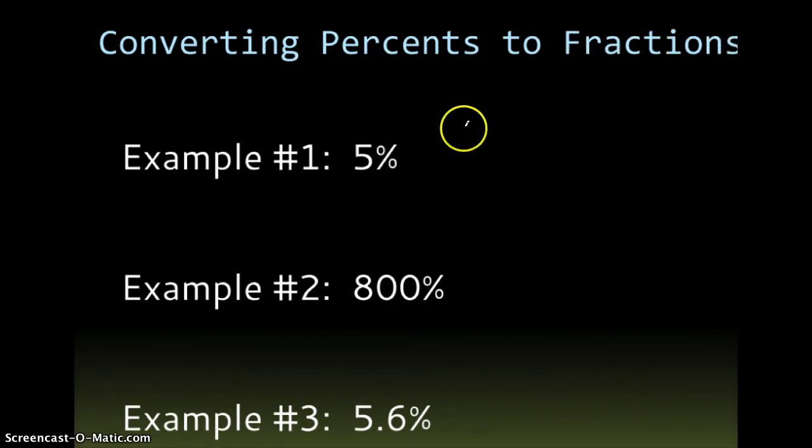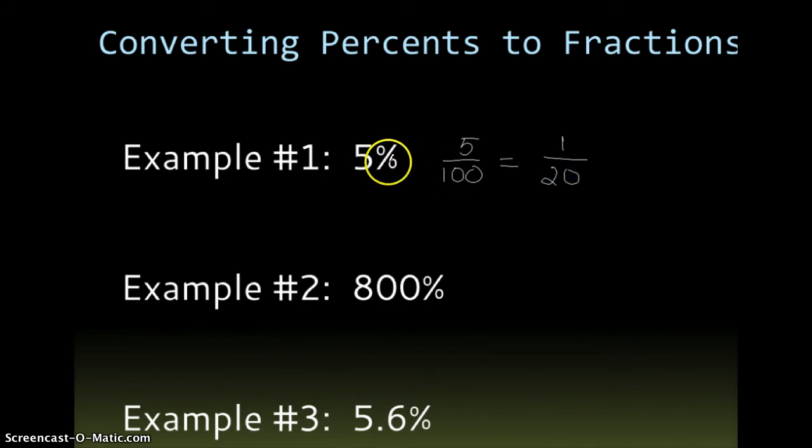If we're converting percents to fractions, we need to just make it out of 100, right? So if we have 5%, that's like saying 5 out of 100, right? And we can always simplify. If we can simplify, we need to. So we can divide by 5. 5 divided by 5 is 1. 100 divided by 5 is 20.